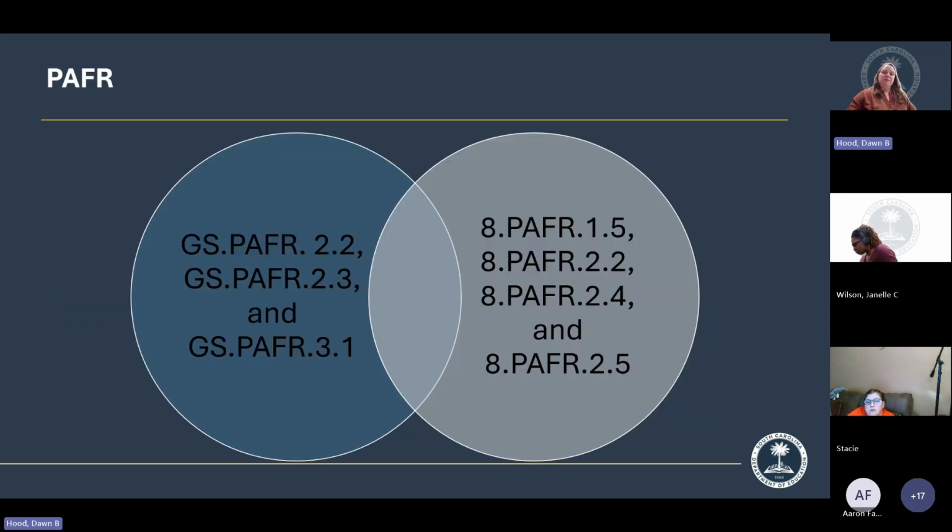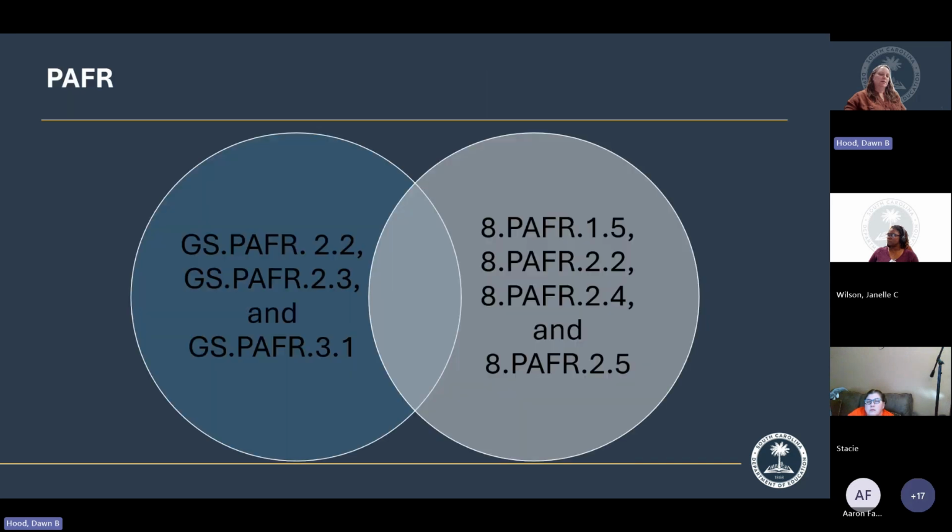All right, so what overlap do we see here? You'd have to know what's in those indicators to be able to answer that, but I will tell you what I know. 8.F 22, 24, 25 is about slope. So they have to know slope before they get to those. And then they can determine the type of line that they see in GS22.